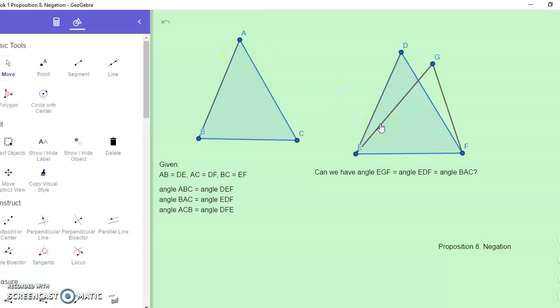Having this scenario, we really cannot have the same set of initial or terminal side for this angle. Okay, the lengths of these sides produced by vertex G would be of the same length, and the angle of these two new sides here would definitely be different from the angle of EDF and BAC.